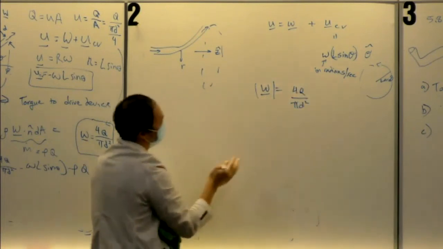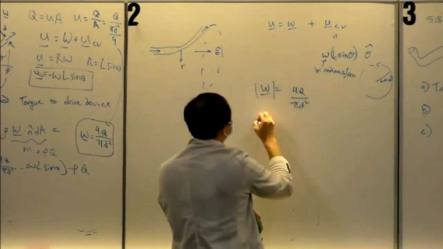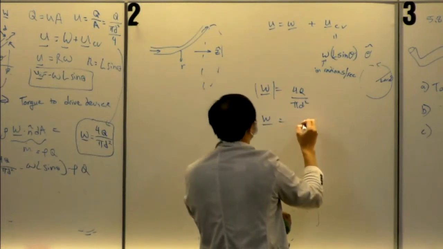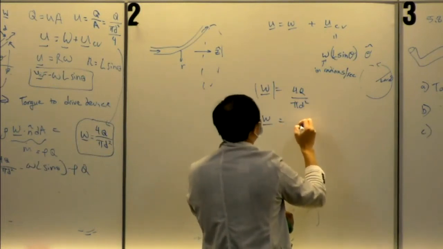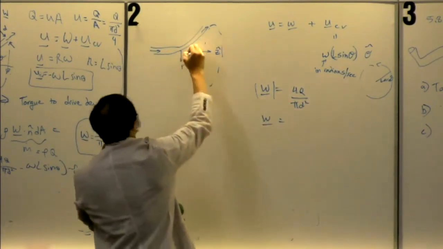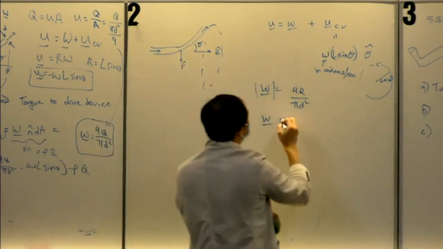That's just the flow rate divided by the area. But W actually has two directions, a Z hat direction and an R hat direction. This was called theta. That's R hat.